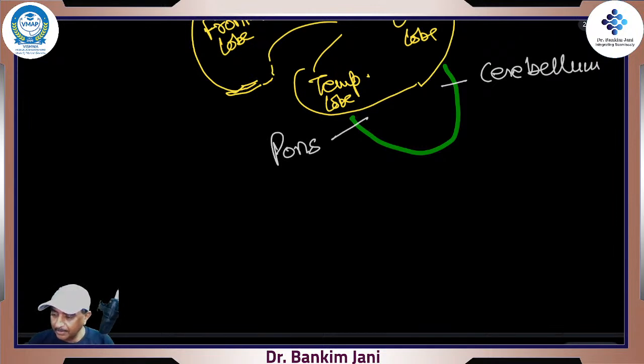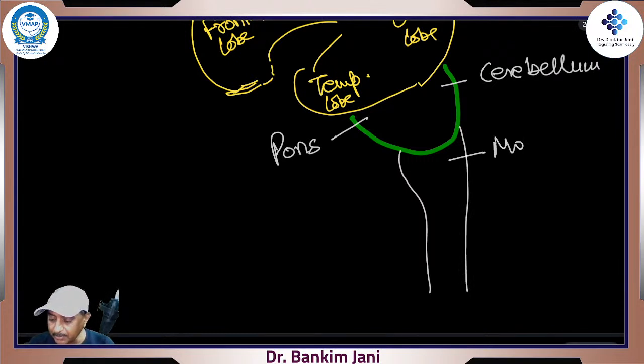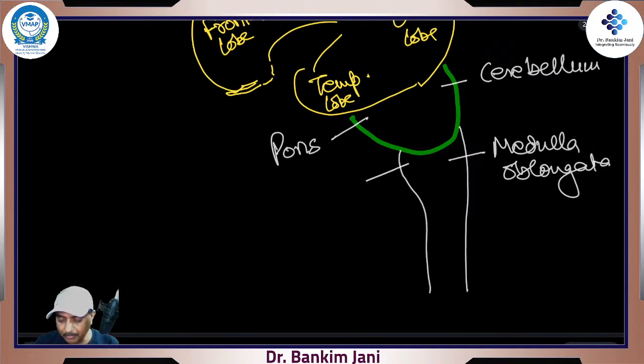Then still further over here, there is something which you have to draw like this. This is very crucial. This is the medulla oblongata, where we have the pyramidal tracts.